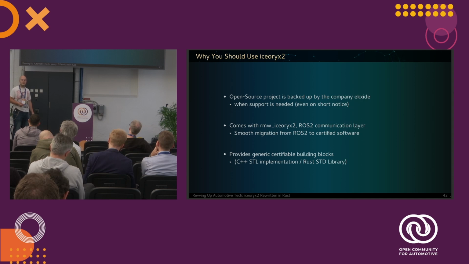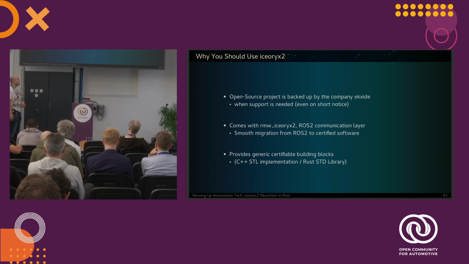And the same thing goes also for Rust. When Ferrocene, for instance, certifies the compiler, they make the same thing like with C++. You cannot certify the STL or the STD in Rust terms, and this is also something we require. We require it to be safety certified, so therefore we provide this as open source building blocks, which you can also use if you do not have an IPC use case.